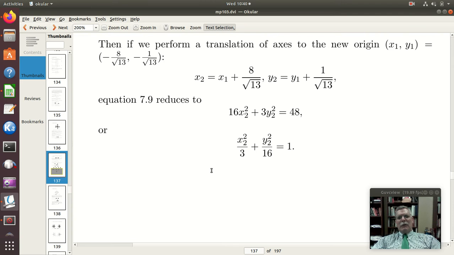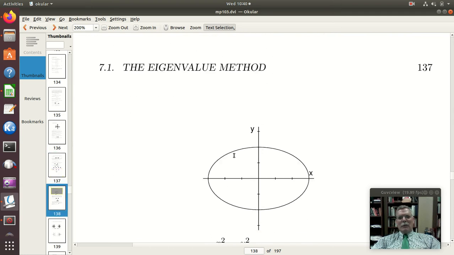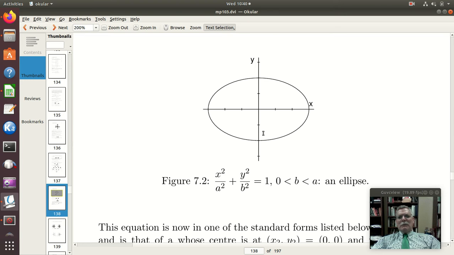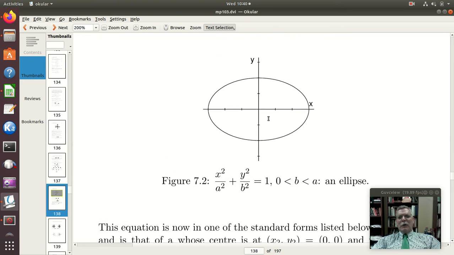So they say it reduces to this. Now, they just divided everything by 48 to get it in this kind of canonical form. And so they have it here, but of course notice no scale. They have the major axis going on the x.